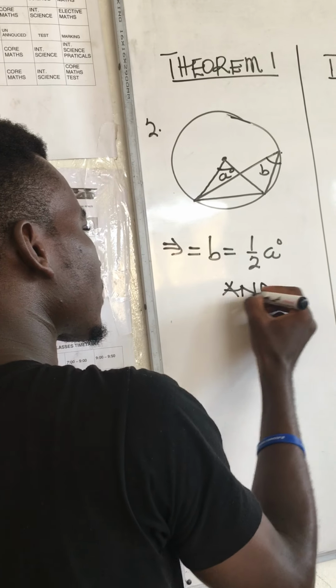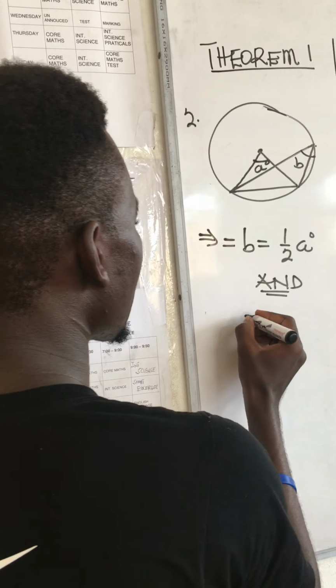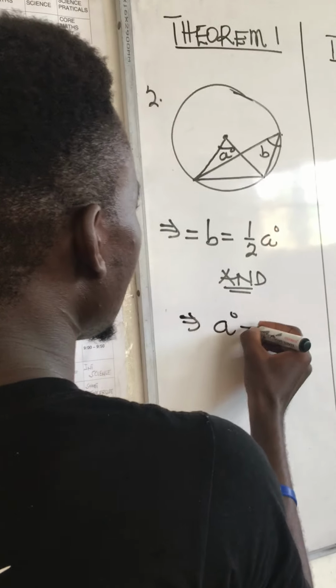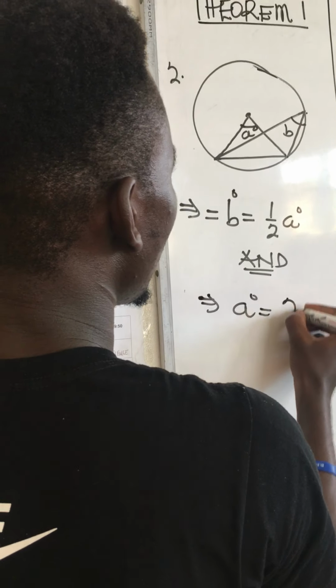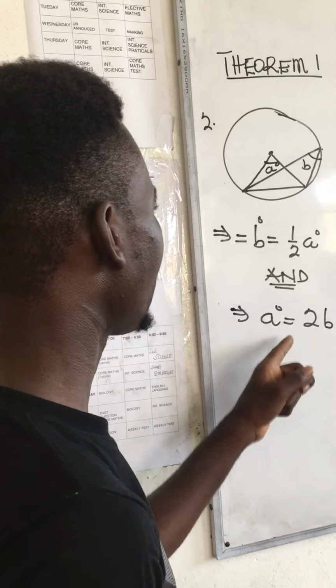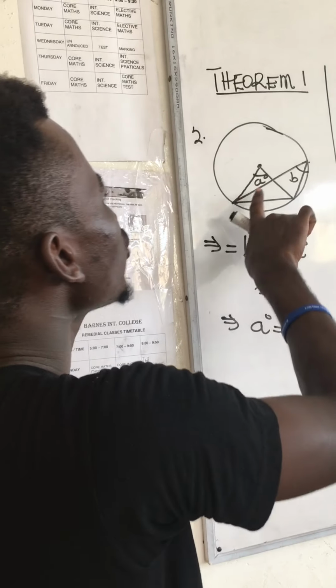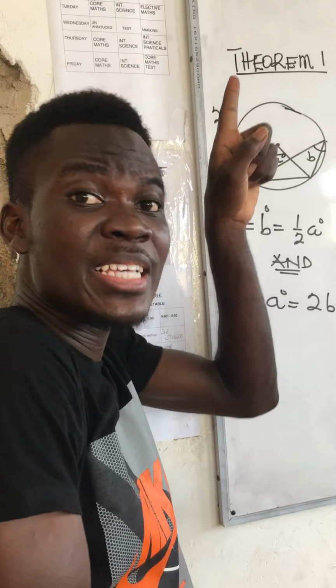And if B is equal to half of A, then A degrees will be equal to 2 times B. So that's the difference between this and the other one. It's the same thing, but I just want to show you another way of drawing the first diagram I drew.